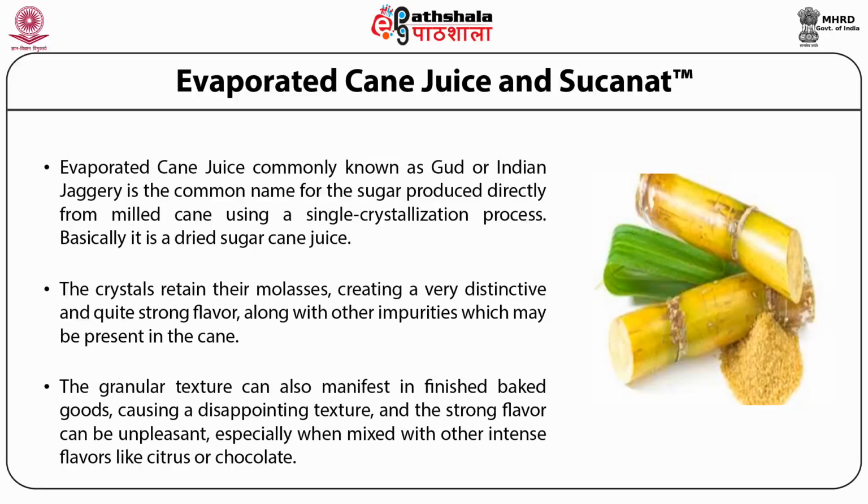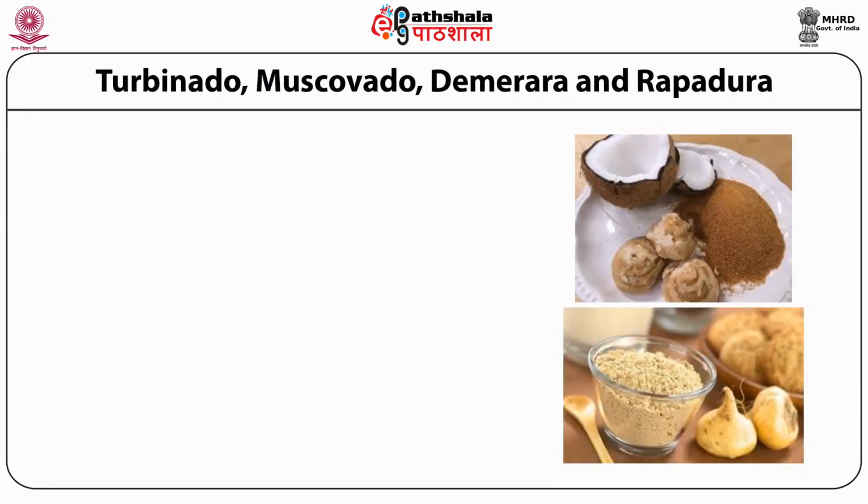So, the use of brown sugar, particularly gur, is limited, but it is very distinct and pleasant in many places. The other specific types of sugars are turbinado, muscovado, demerara, and rapadura. Let's explain these in brief.